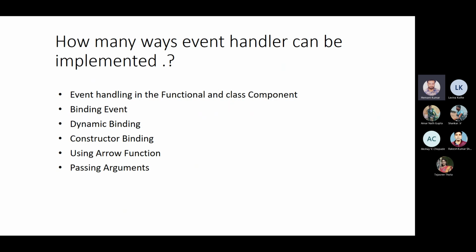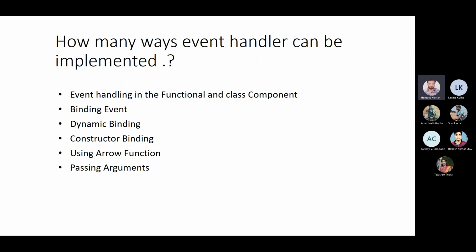The class will return us an object, so it will have some internal objects stored in the constructor, which we can access through the this keyword. And to access the props through the this keyword, we also add the super keyword with the props. So this is about the this keyword.